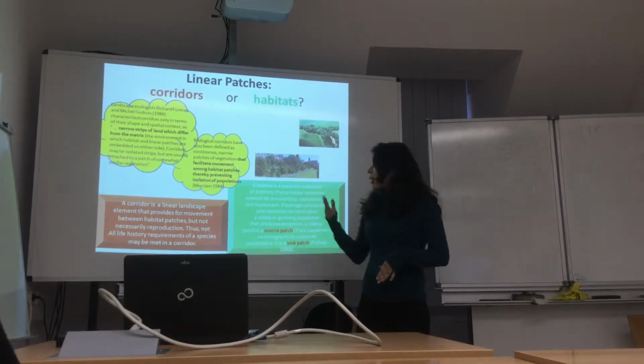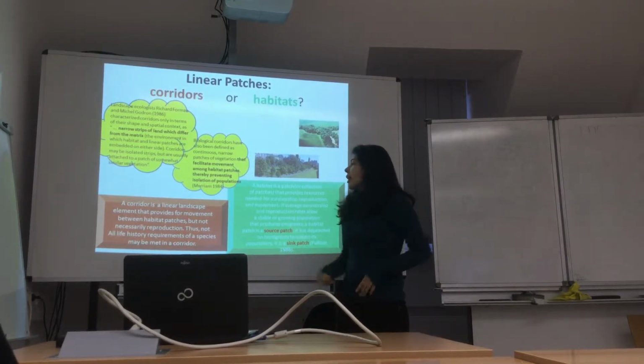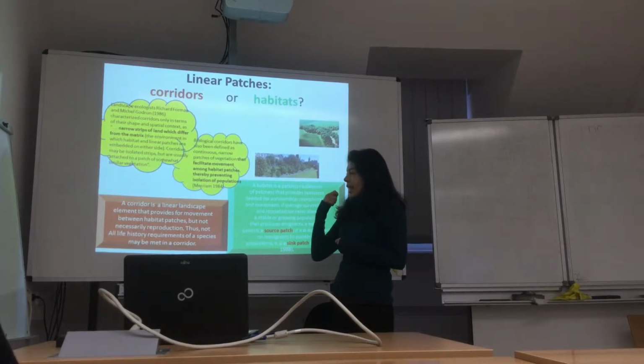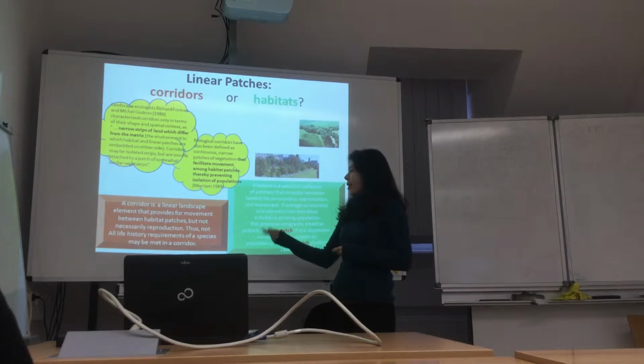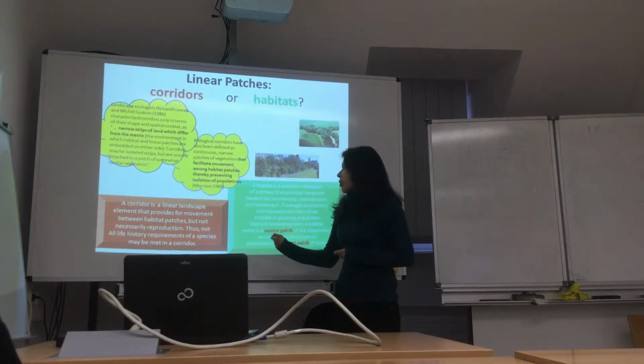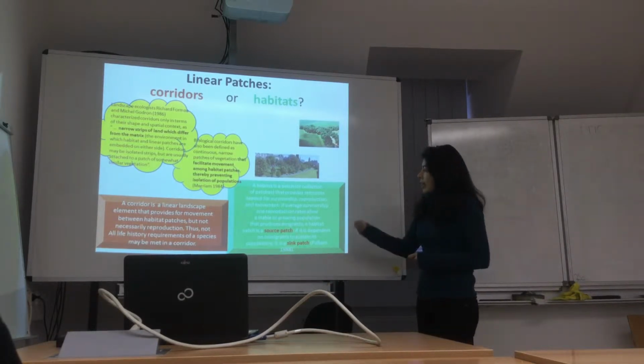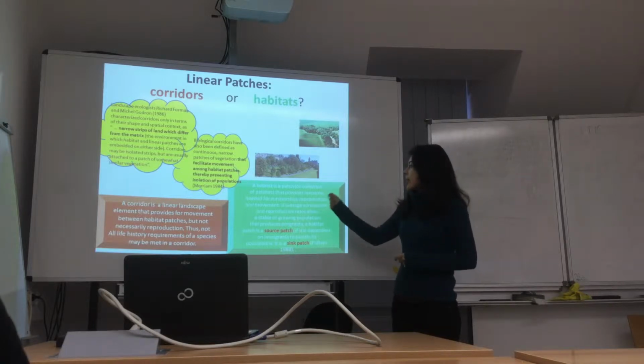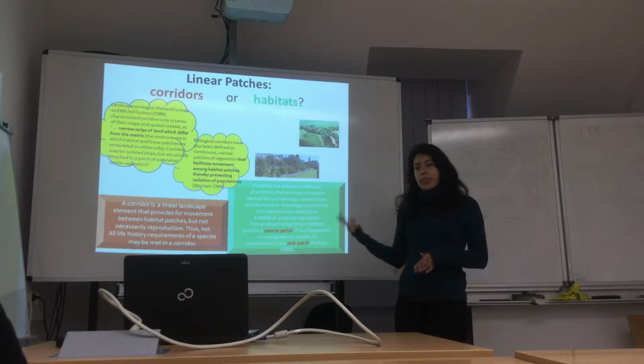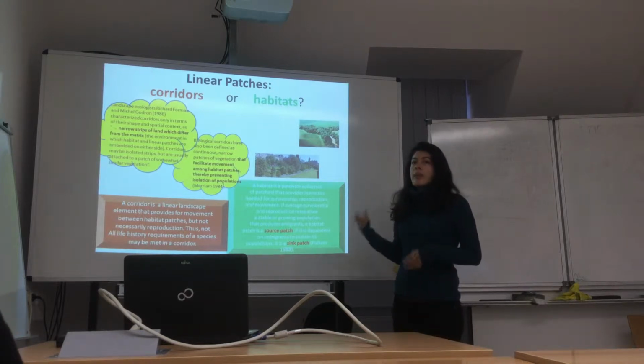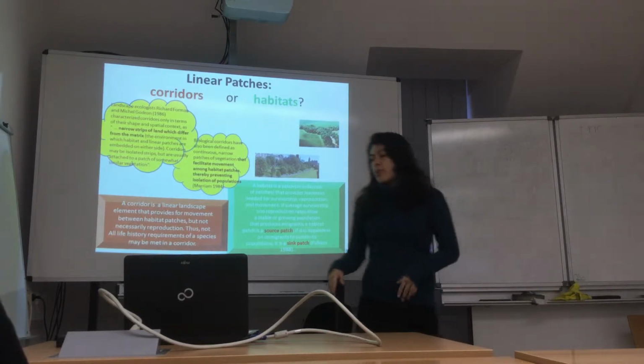So the organism or the species cannot fulfill all life story requirements in a corridor. In contrast, a habitat provides resources needed for survivorship, reproduction, and movement. So the animals can also be moving in a habitat, but they can also reproduce there.